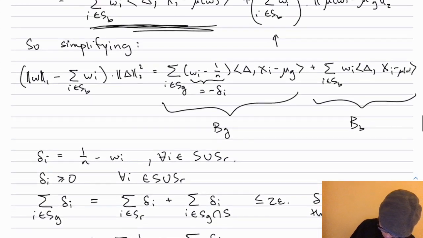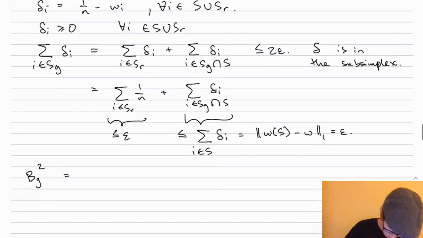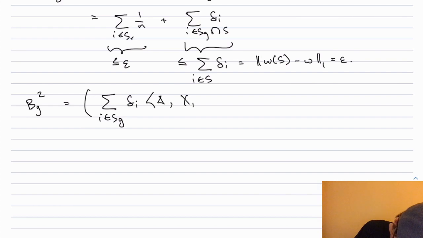So what is B sub good squared? Well, I just rewrote it as the sum over I in S sub good of minus delta I times (delta inner product xi minus mu good), quantity squared. I can throw away the minus because I'm squaring everything. So this is the sum over S sub good of delta I times (delta inner product xi minus mu sub good), whole thing squared.